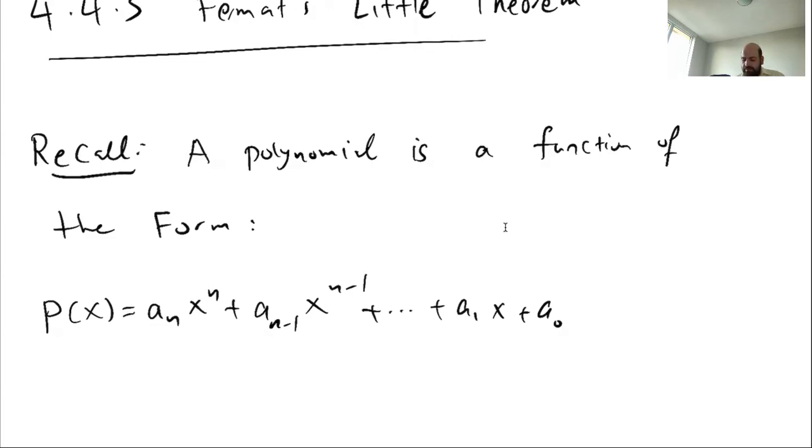For example, 5 is equal to 2 in Z3 because 5 is congruent to 2 mod 3, because 3 divides 5 minus 2. Therefore, 5 and 2 are equal in Z3.